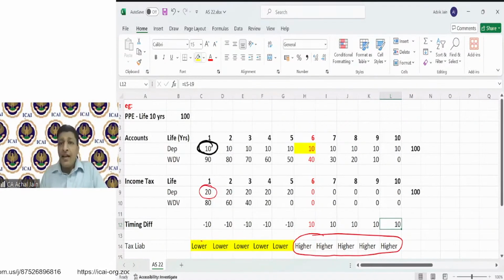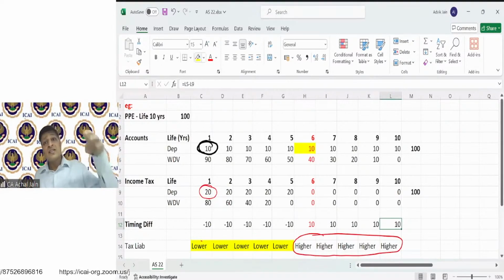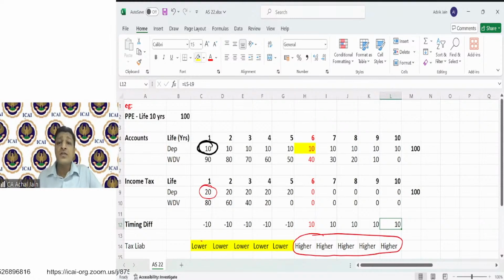We can say in a way, tax on this difference of rupees 10 got deferred to future years. Yes or no? This tax liability did not go down. This actually got deferred to the future years. And which future year was that? Starting from year 6, as we can see.